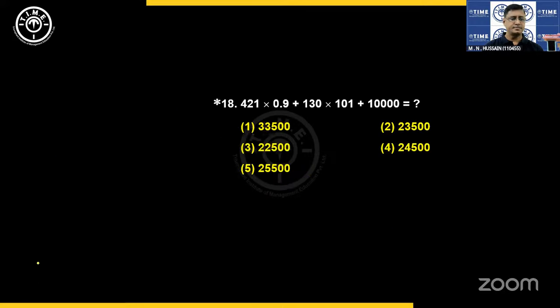Next. 421 into 0.9 plus 130 into 101 plus 10,000. 0.9, approximately 1. 1 into 421, that is 421. Plus 130 into 101. 130 into 101, 0 as it is 0. 13 into 1, that is 13.